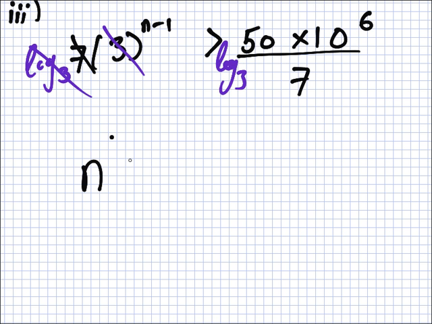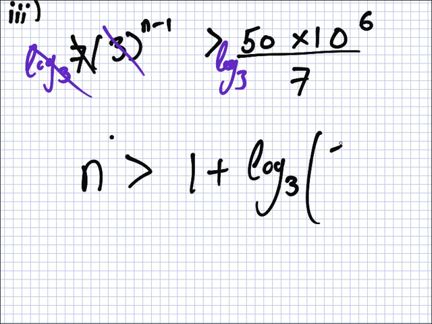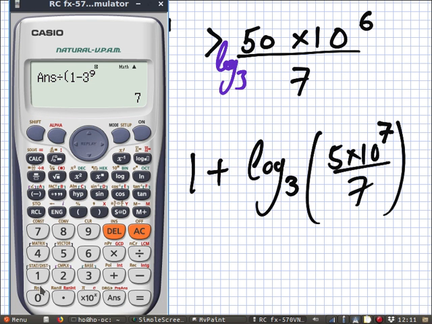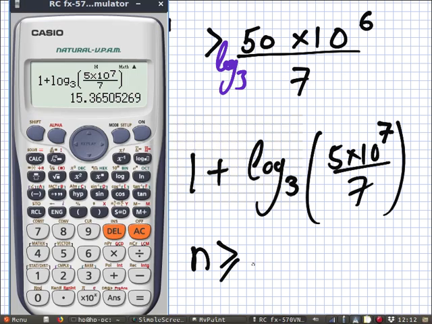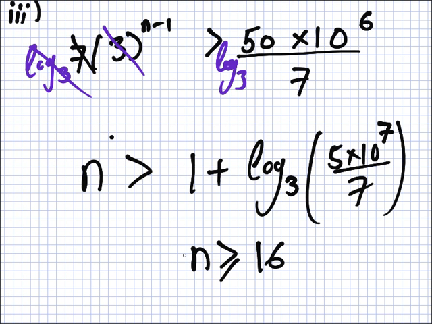And you'll get n should be more than 1 plus log base 3 of 5 times 10 to the 7 over 7. Now let's see if we can handle this on the calculator. 1 plus log base 3 of 5 times 10 to the power of 7 over 7. Yeah, okay, good. So n needs to be more than or equal to 16. That is for 3 marks.